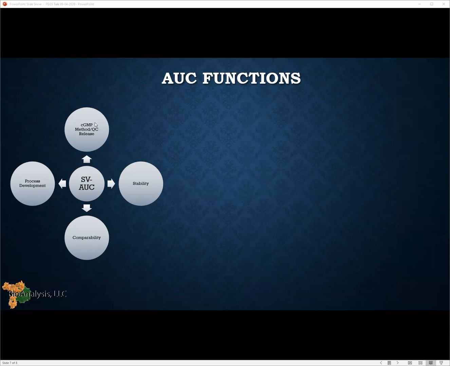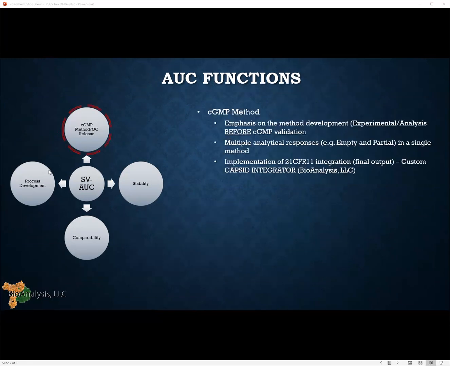We can do cGMP method development and validation for basically your QC release, stability, comparability, and process development. What I want to really focus on is the cGMP method development and validation. Now, there are two camps in the AUC world.